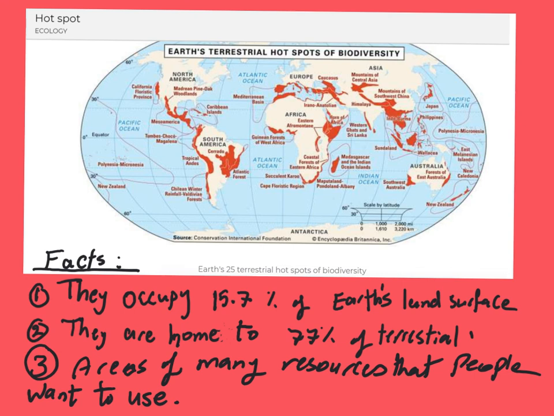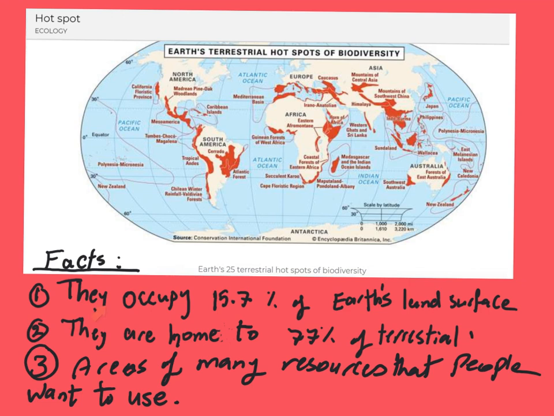You can see here the 25 different hotspots around the world that are considered very rich in species diversity, but they are threatened with extinction.